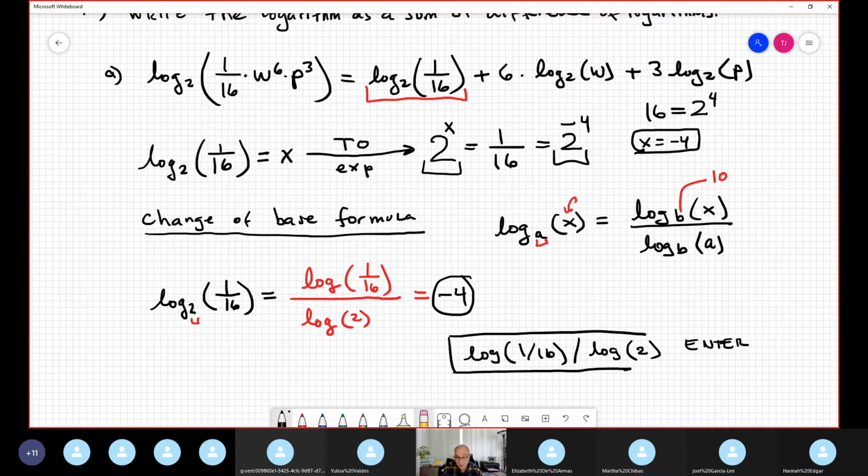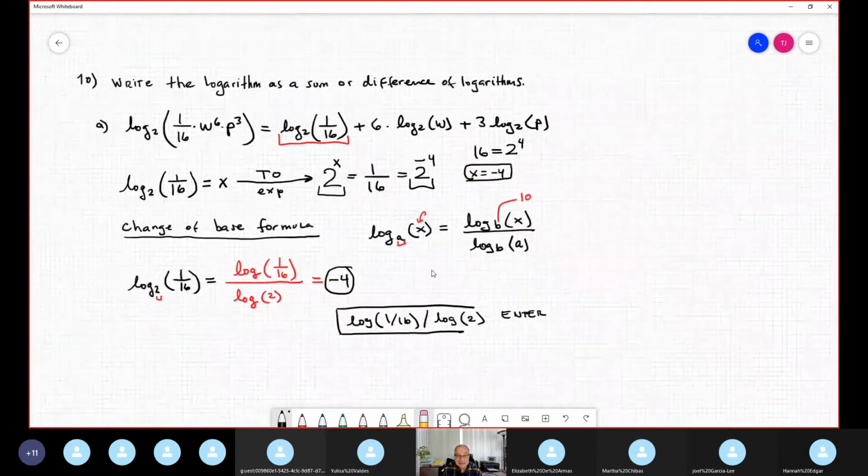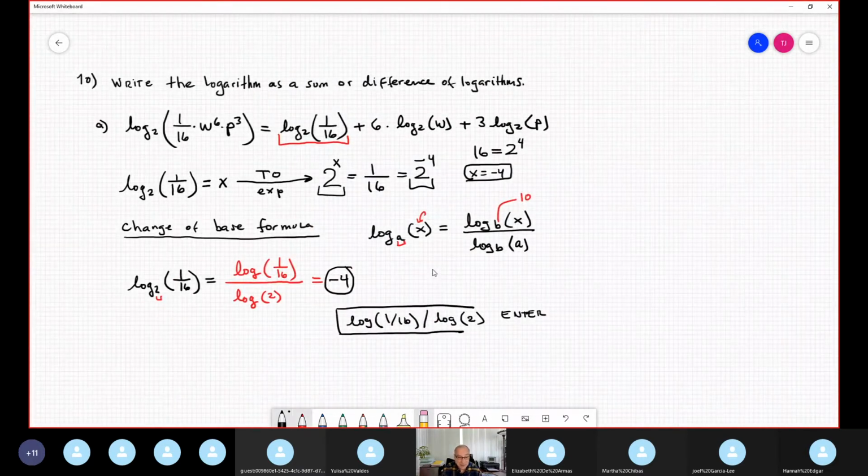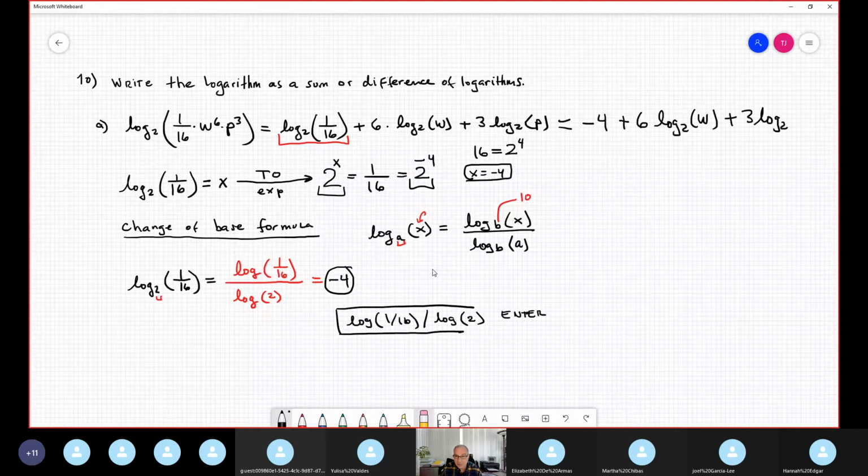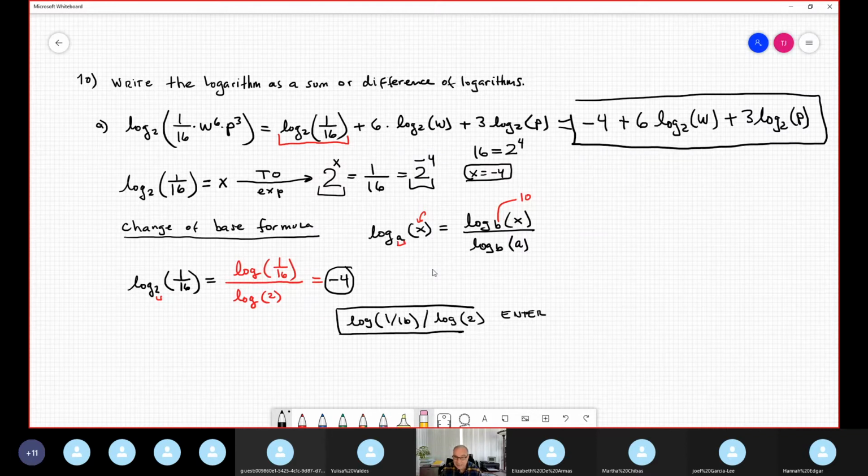So what is the final answer in our problem? Well, let me come back to the beginning. My final answer is, you replace the numerical part with -4, -4 times the logarithm base 2 of W plus 3 times the logarithm of base 2 of P. And this is my beautiful final answer.